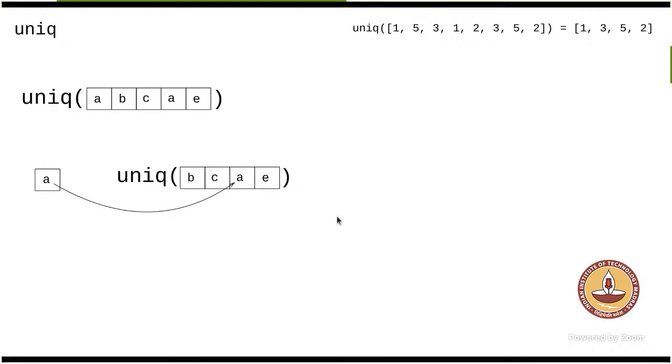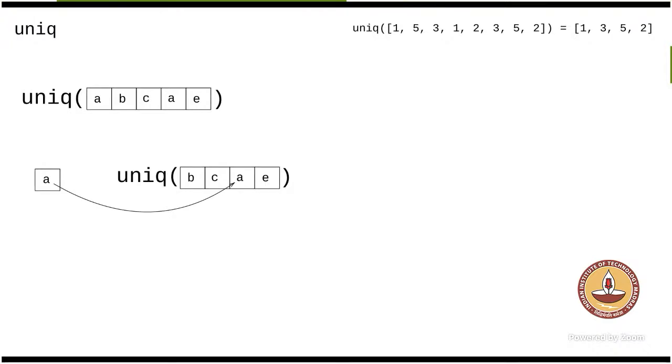Okay, so what will be the pseudocode for this? Just this if part. If the first element is a member of the rest of the list, then return what?